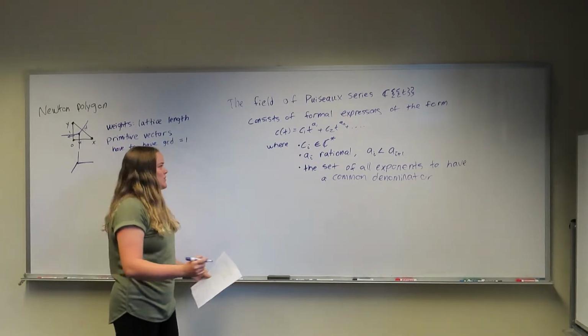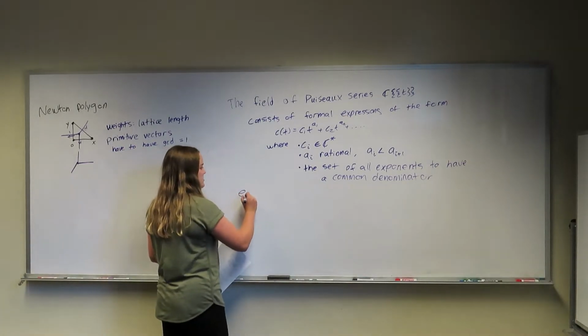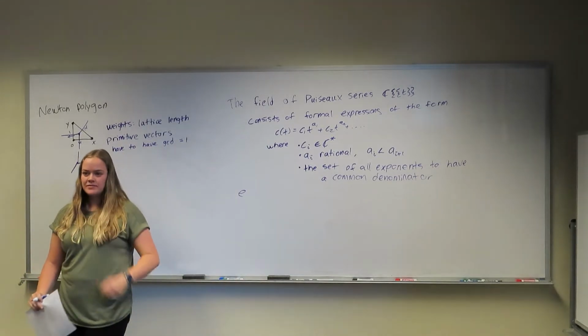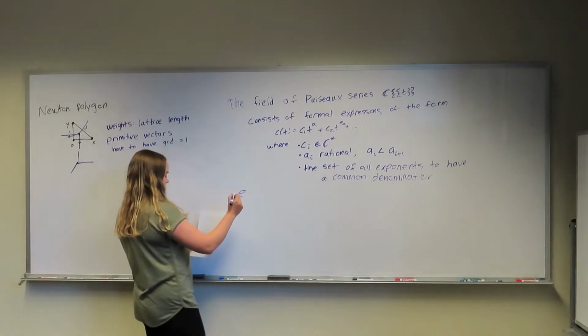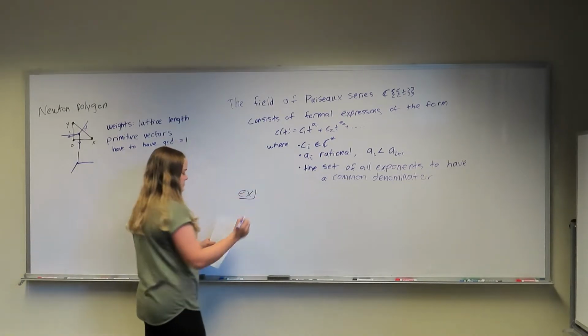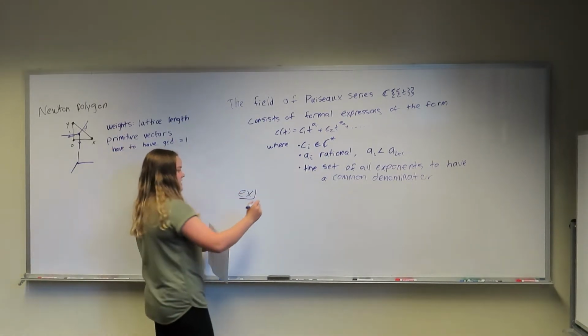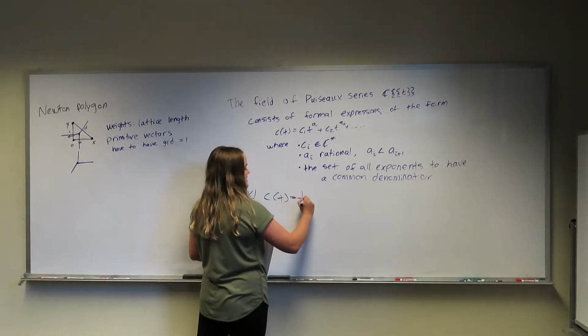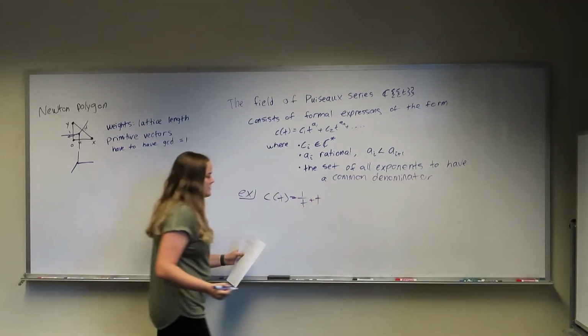Okay. We're going to do some examples. It's a field, so also there will be inverses. Examples: we could have things that look like c(t) is 1 over t plus t.